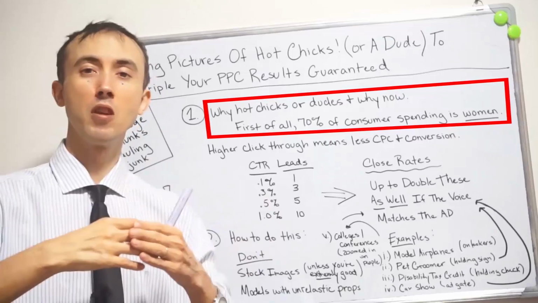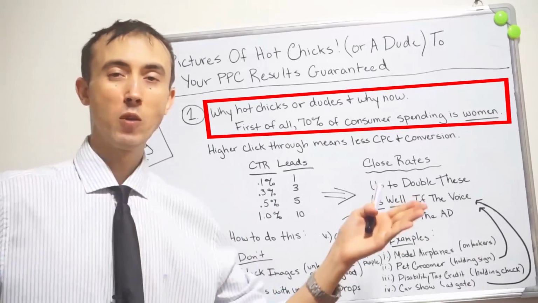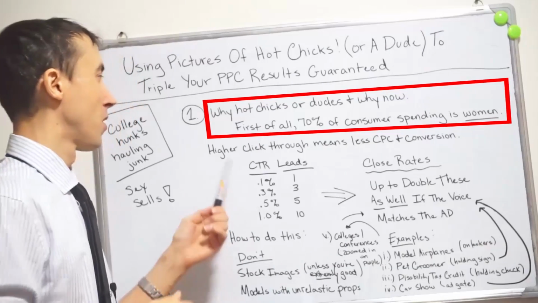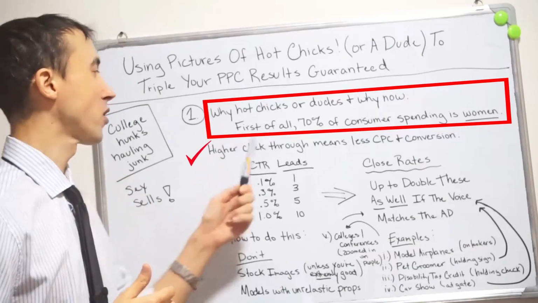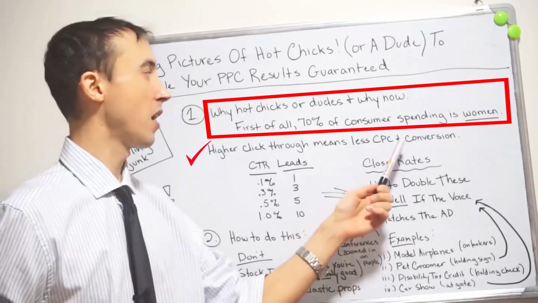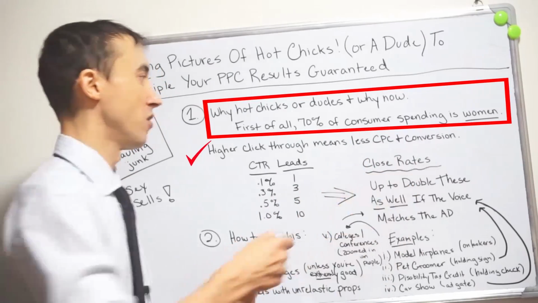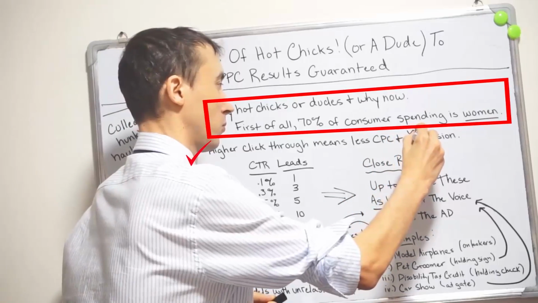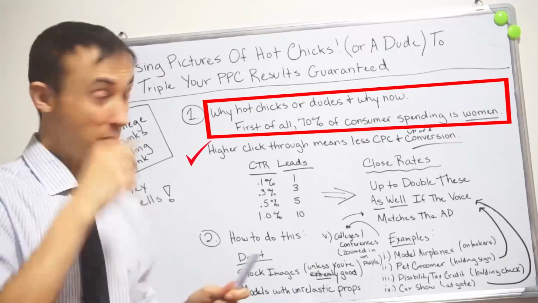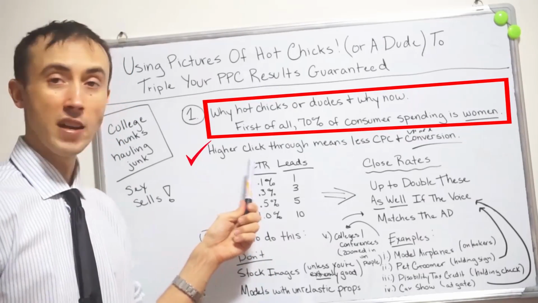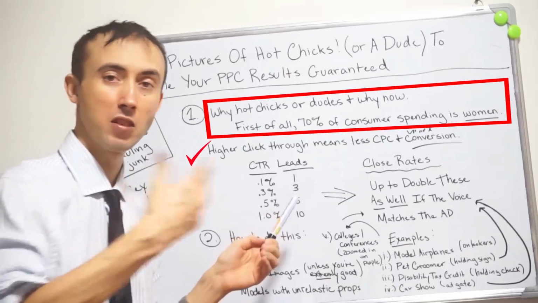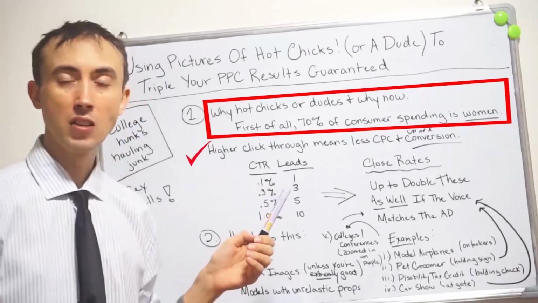It could be a few photographs, but it's because higher click-through rates mean lower CPC, or cost per click, and more conversions. What I've done here is draw out a diagram that spells out, in a numerical sense, exactly why you're going to get a tripling of how much money you're making on your ad.